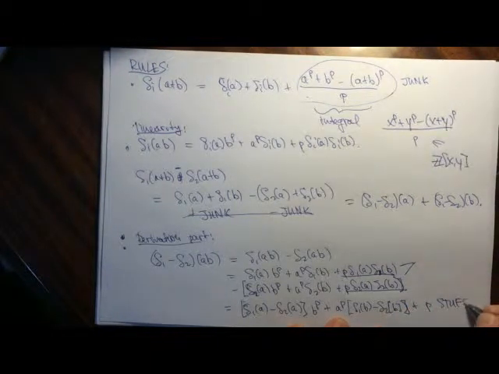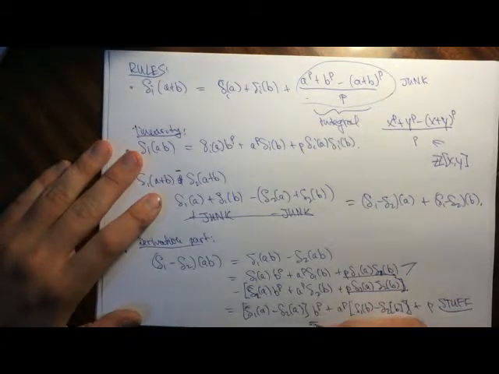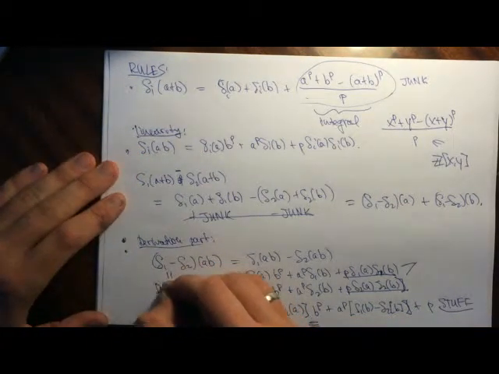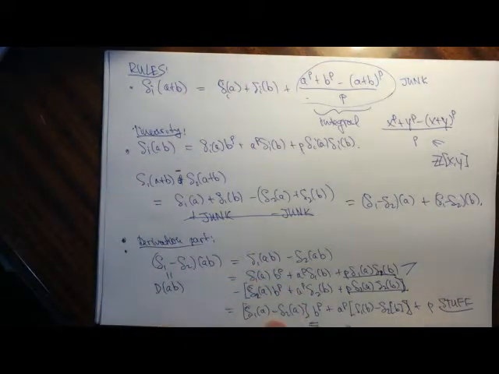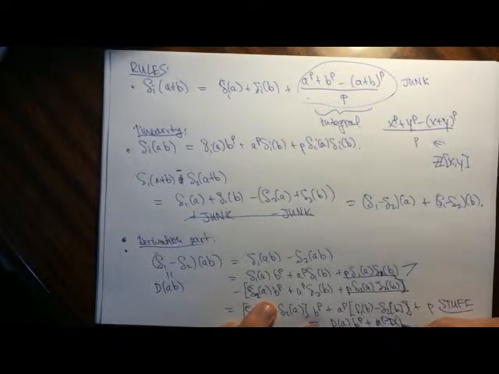And so if we work mod p, and define this to be D of ab, this is going to be D of a times b^p plus a^p times D of b.